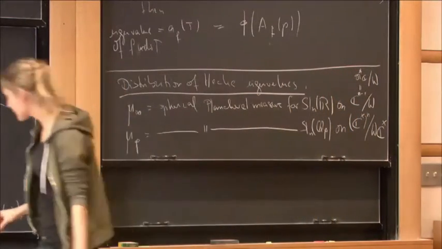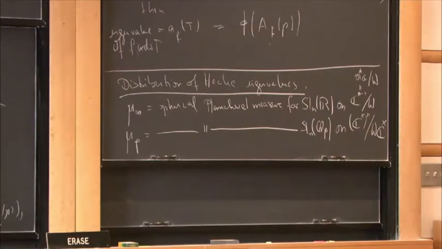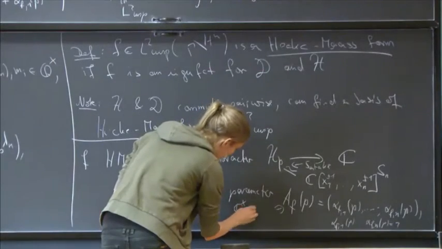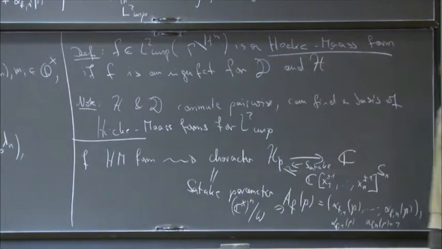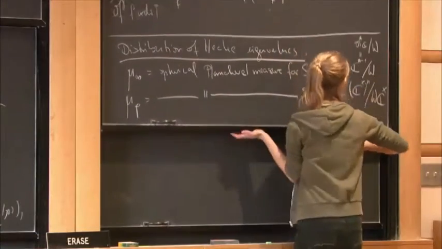So the Sarnak parameter is an element in (C*)^n up to the action of the Weyl group.